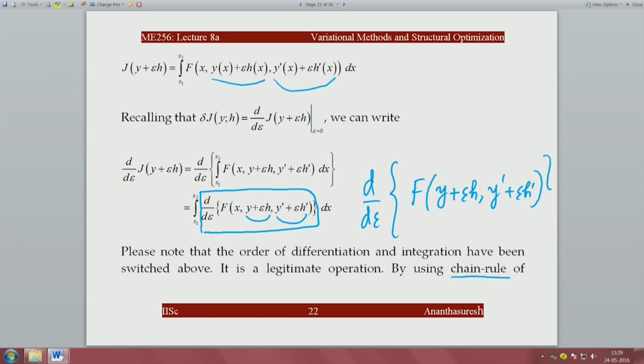When you want to take the derivative of something like this, you use the chain rule. We have this function depending on this first, so you say dou f by dou of that times the derivative of that function with respect to epsilon, and then the derivative with respect to the other one.